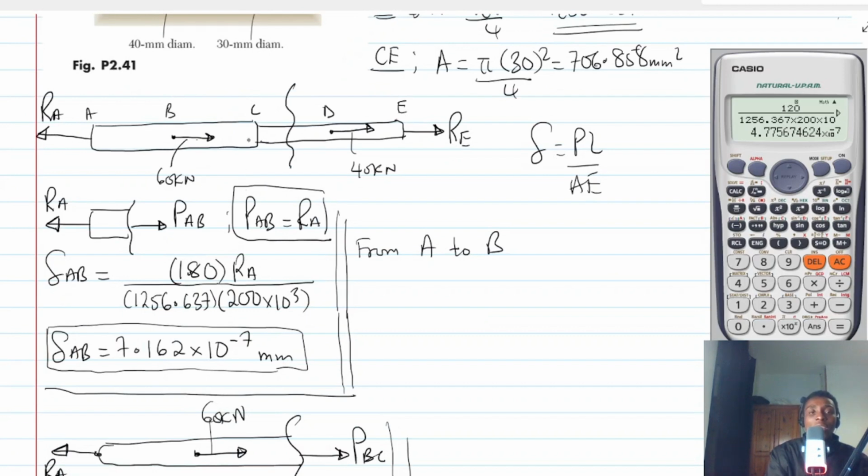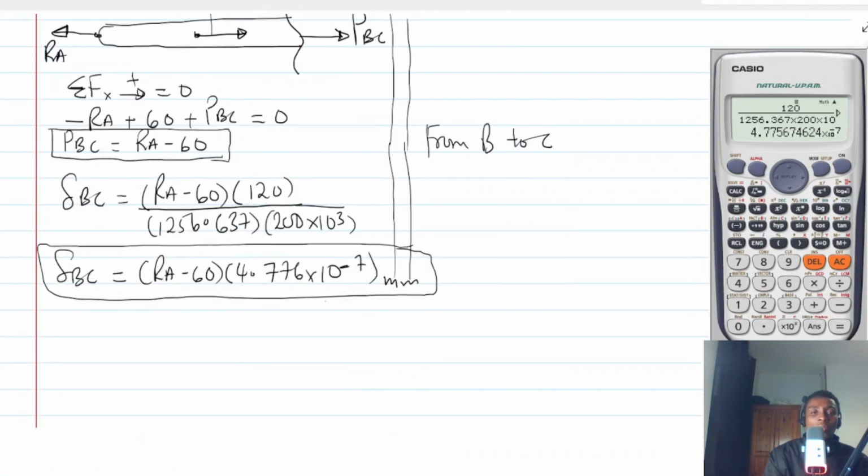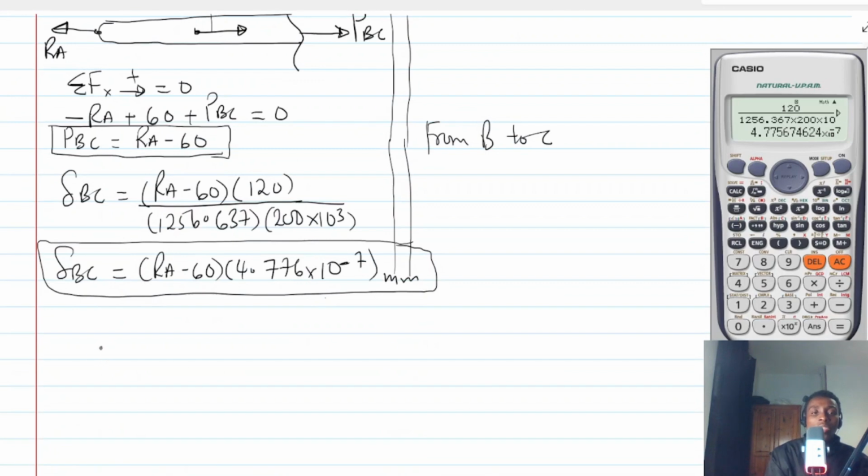Then if I draw it, I'm going to draw everything, so from C to D, I'm going to get something like this.